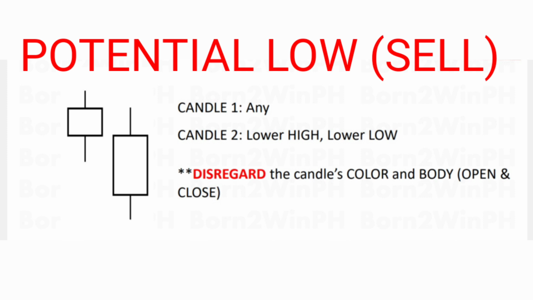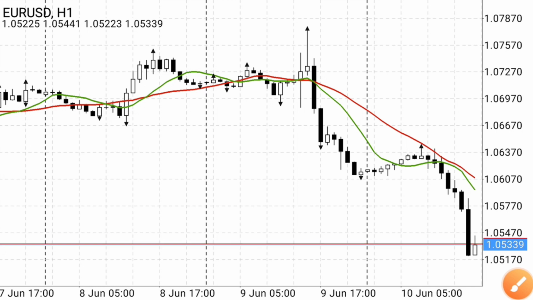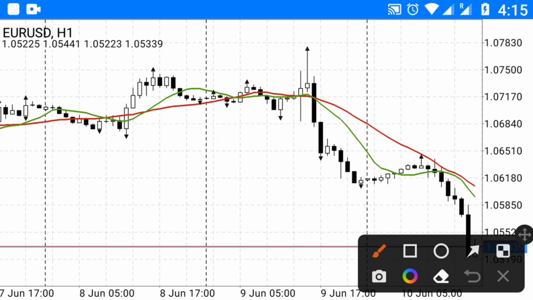Now let's go back to the chart to see if these candlestick formations and candlestick patterns really appear before a potential trend reversal happens. Let us find first the shooting star and the candlestick formation for a potential sell position.